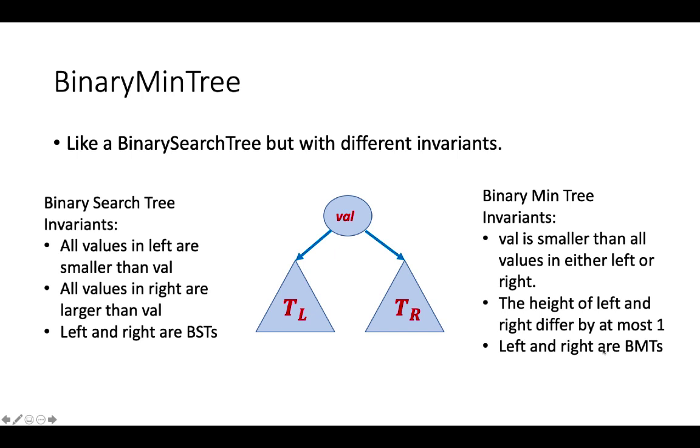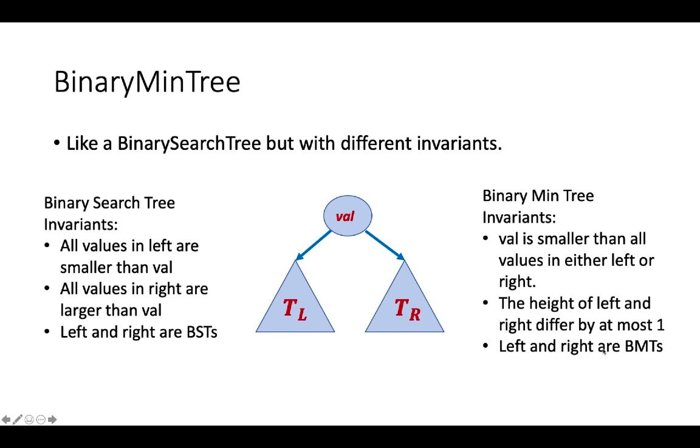So the invariant for a binary min tree is that the value at the root is the smallest of anything in either child. That's it. We don't need everything in the left to be smaller than everything in the right. We just need the thing at the top to be the smallest thing, period.